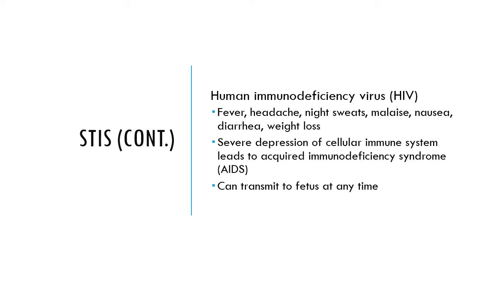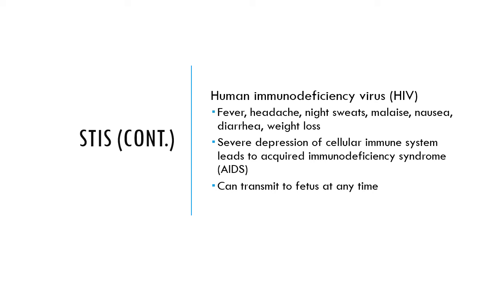This can transmit from the mother to the fetus, so it is very important that they adhere to treatment to try to avoid any transmission to that fetus. We don't want to have an HIV positive fetus. We treat this with a triple drug antiretroviral prophylactic, or highly active antiretroviral therapy, also known as HAART therapy, during the pregnancy.